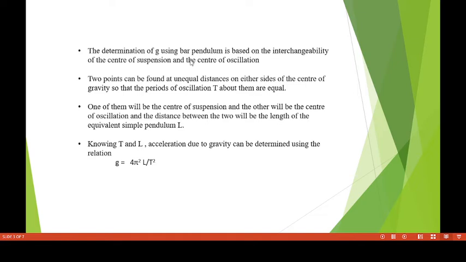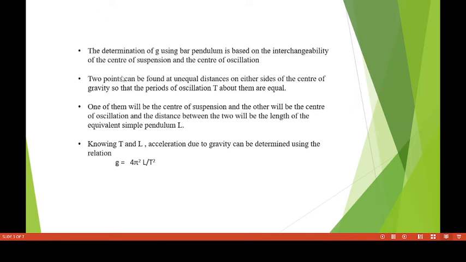Now the determination of g using a bar pendulum is based on the interchangeability of the center of suspension and center of oscillation. We've already seen this interchangeability in the case of the compound pendulum.